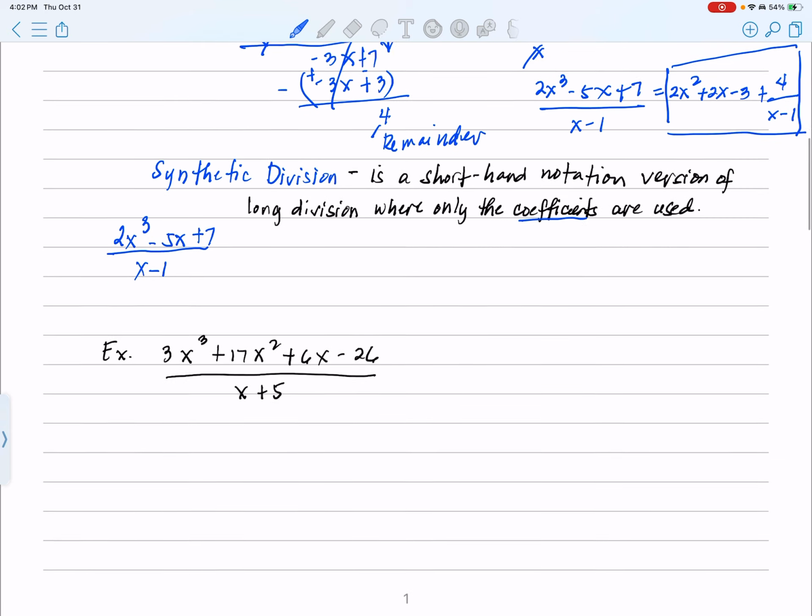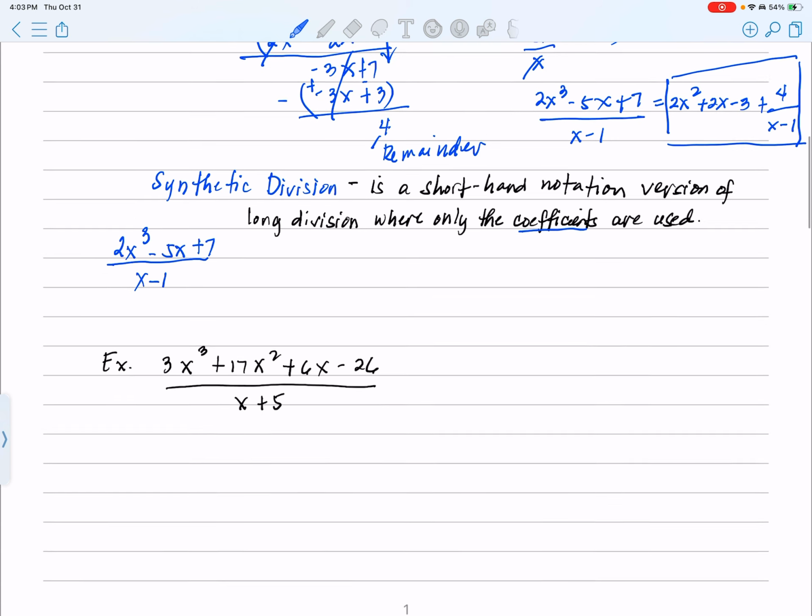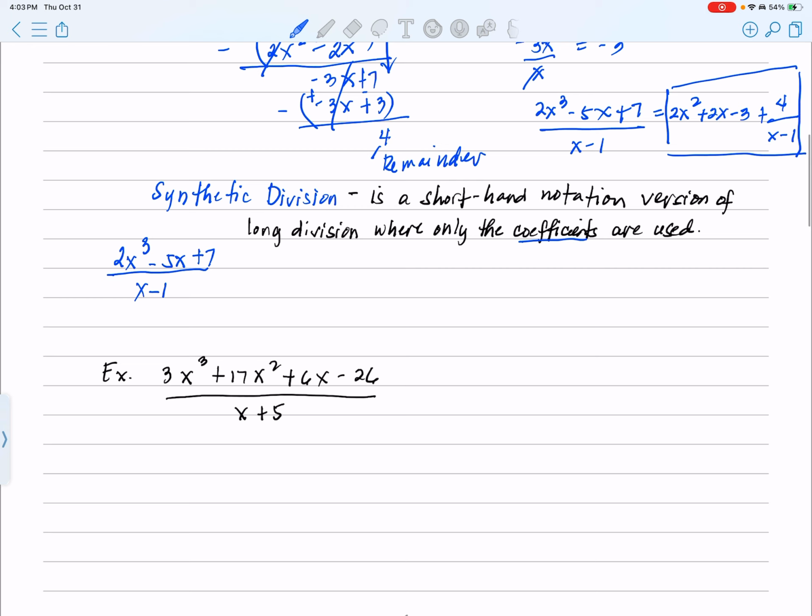Okay. Let's do this by synthetic. So we will write the coefficients of the terms in the dividend inside an upside down division table. Okay? So we reverse the division table upside down.